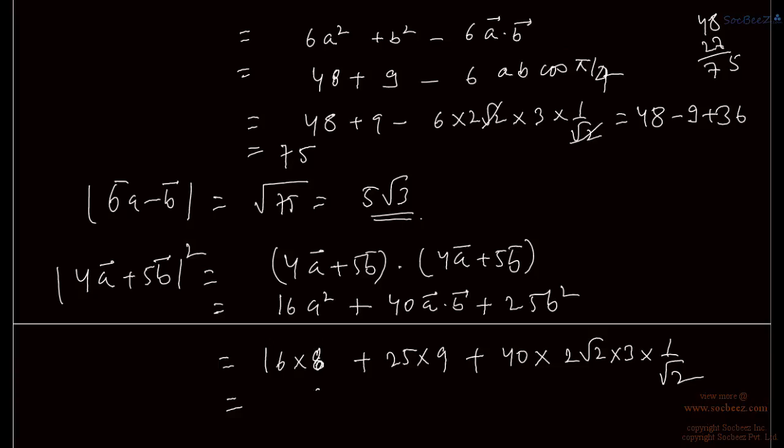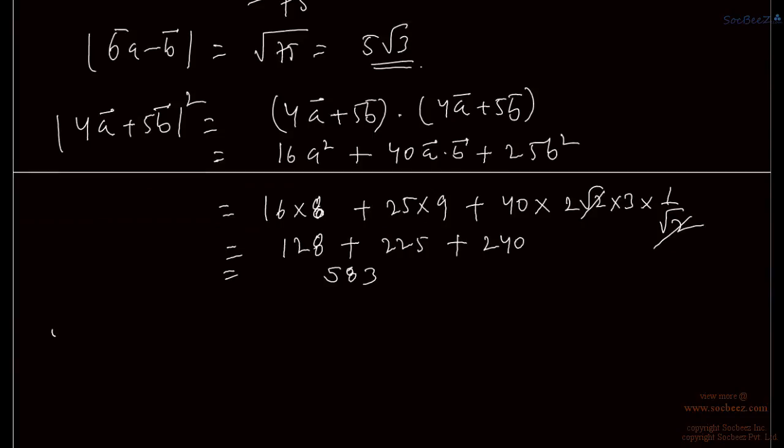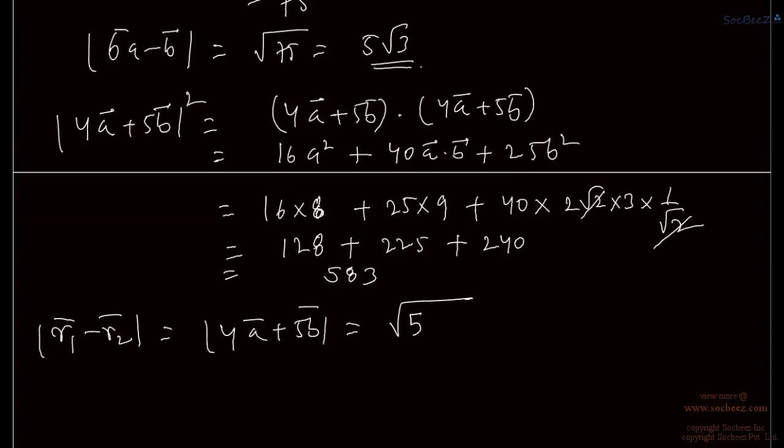So we have 128 plus 225 plus 240, root 2 getting cancelled. So the magnitude of r1 minus r2, the magnitude of 4a plus 5b, is root under 593.